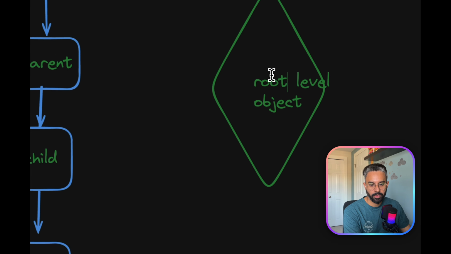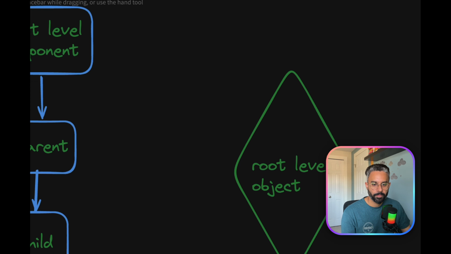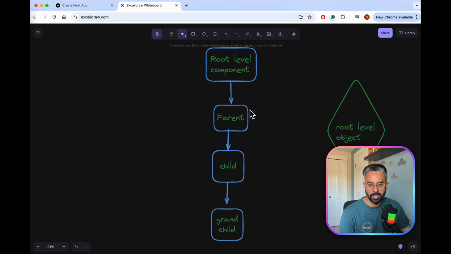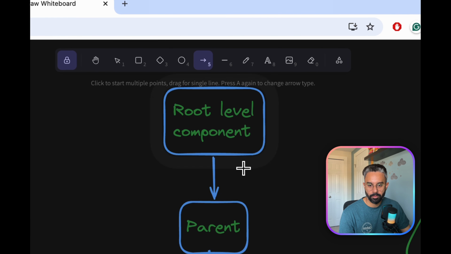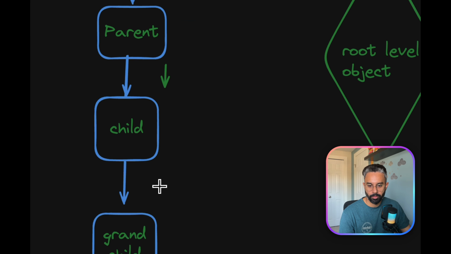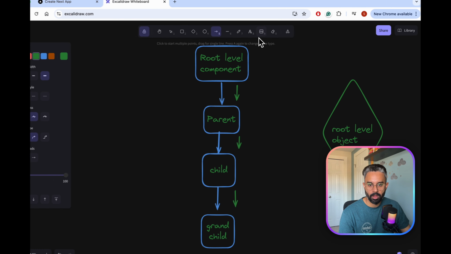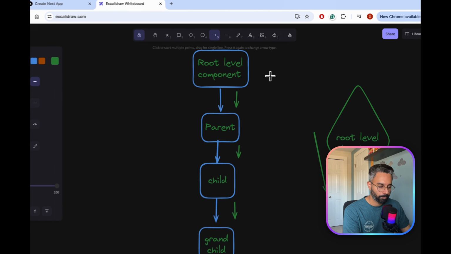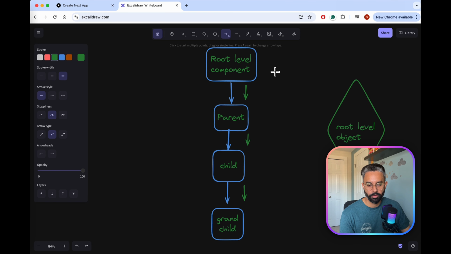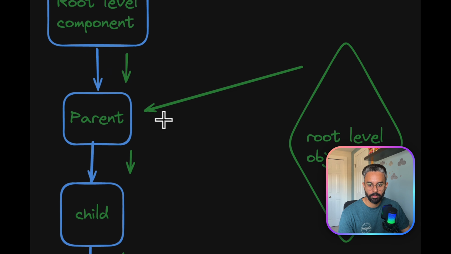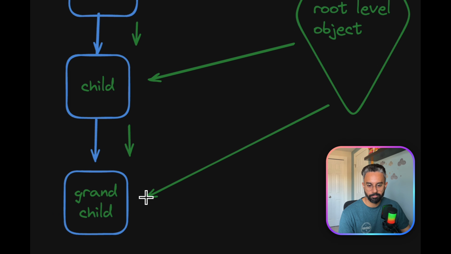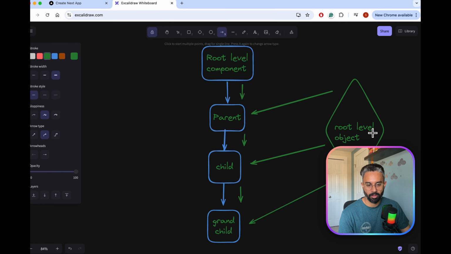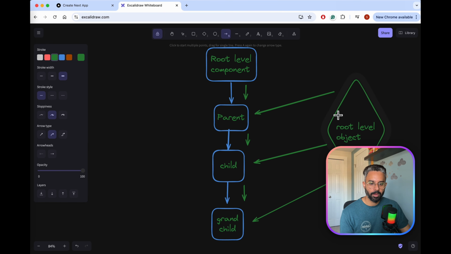So what is happening here, instead of passing props from here to here, from here to here, from here to here, what we can do, we can have one object which has all the props, just to give you an example, and that root level can give you props whenever you need. You don't have to pass it on. This has everything. Now, this is kind of a central repository, and this is the recommended way.